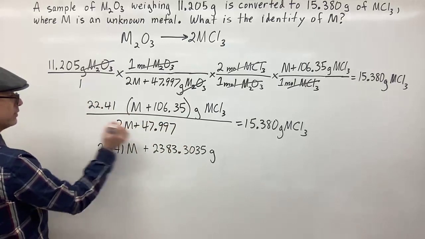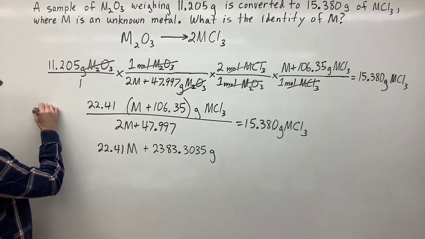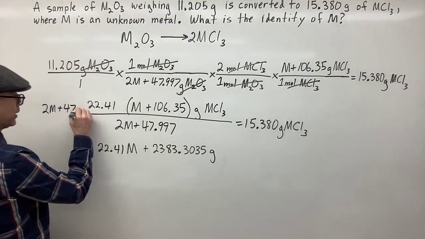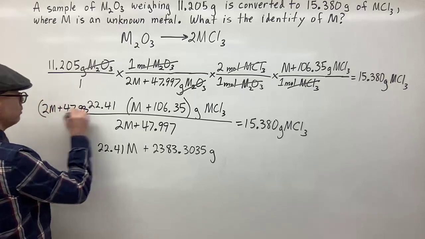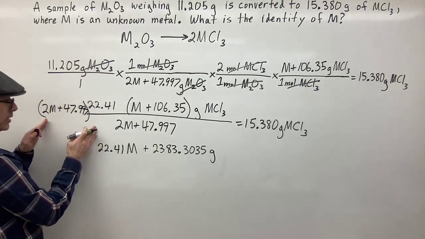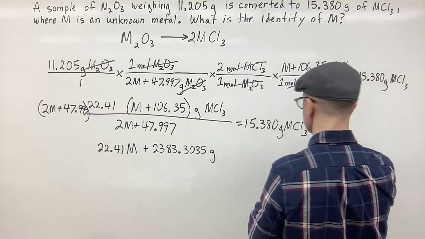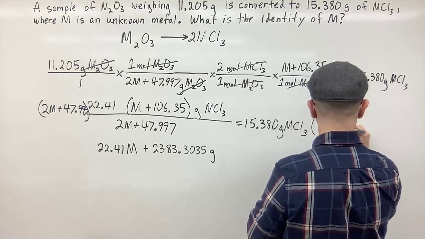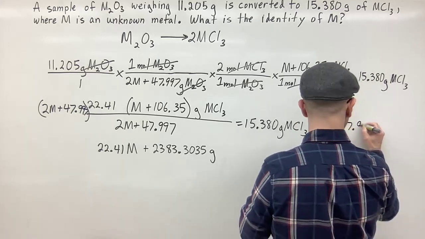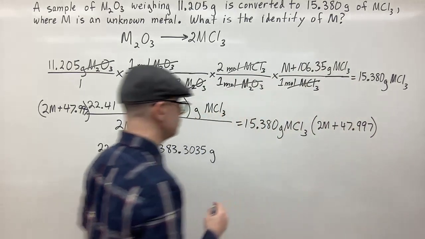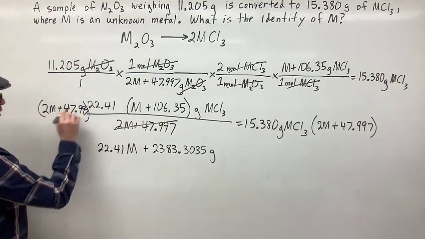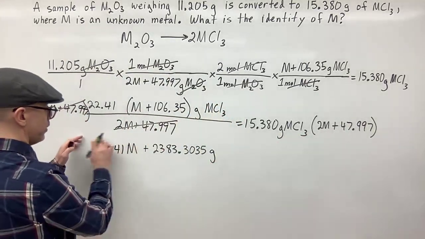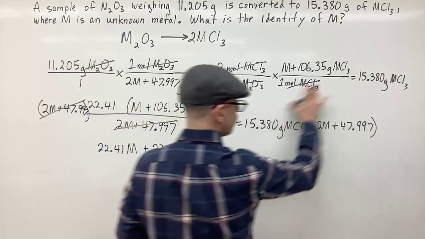If I multiply both sides by 2M plus 47.997, then I can multiply that on this side as well, so this is going to cancel out, and then this is going to be equal to this here.